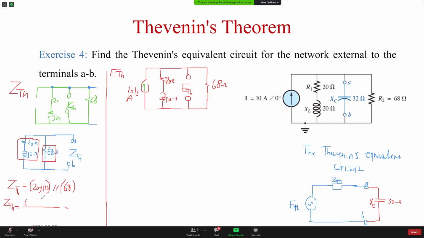So this multiplied by this, over this plus the second one. 68 times 20 plus J20, over 68 plus 20 plus J20. Can anyone give me the answer for this?